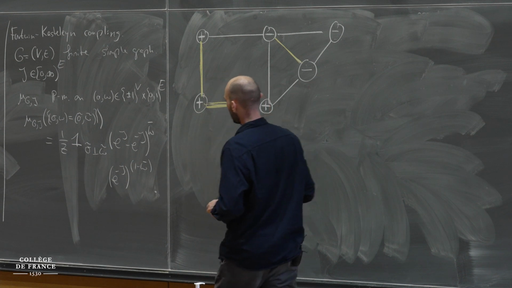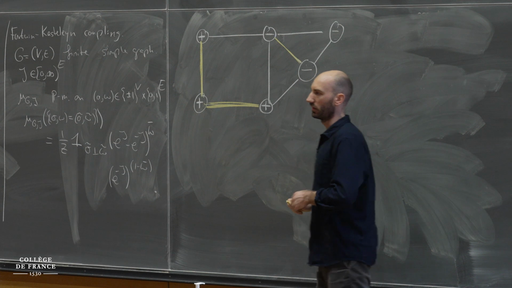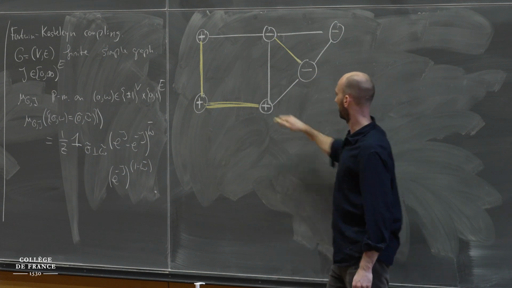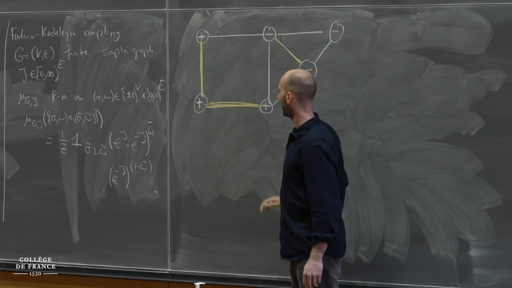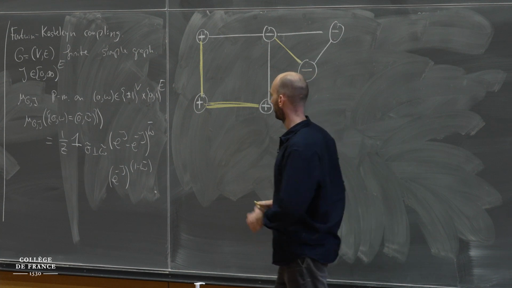So we consider simultaneously a configuration of pluses and minuses on the vertices, and a percolation configuration on the edges where some of the edges are open and some of them are closed.